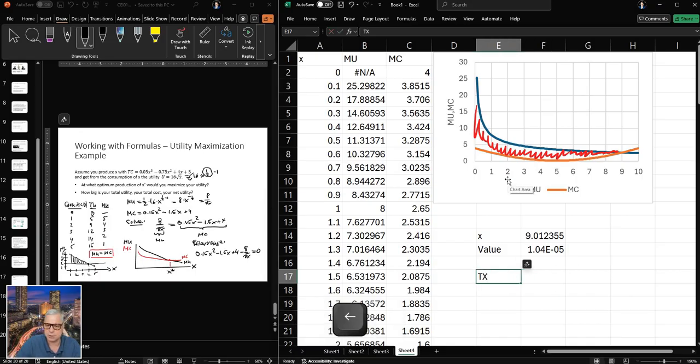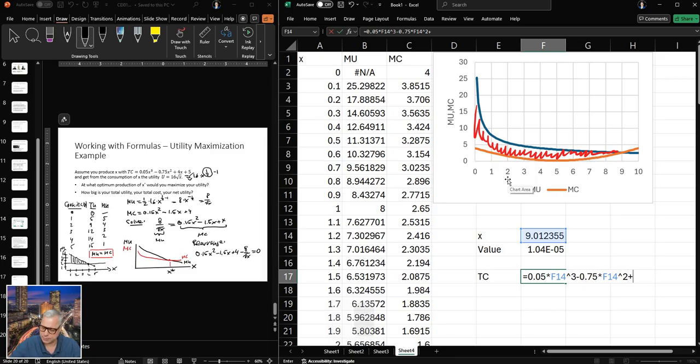I still can't do it quickly, I'll just write it down. So I just say total cost. Total cost was equal to 0.05 times the optimum value cubed minus 0.75 times the optimum value squared plus 4 times x plus 5. So that is the total cost if we want to produce the optimum number of x. So we have a cost of 16.7.